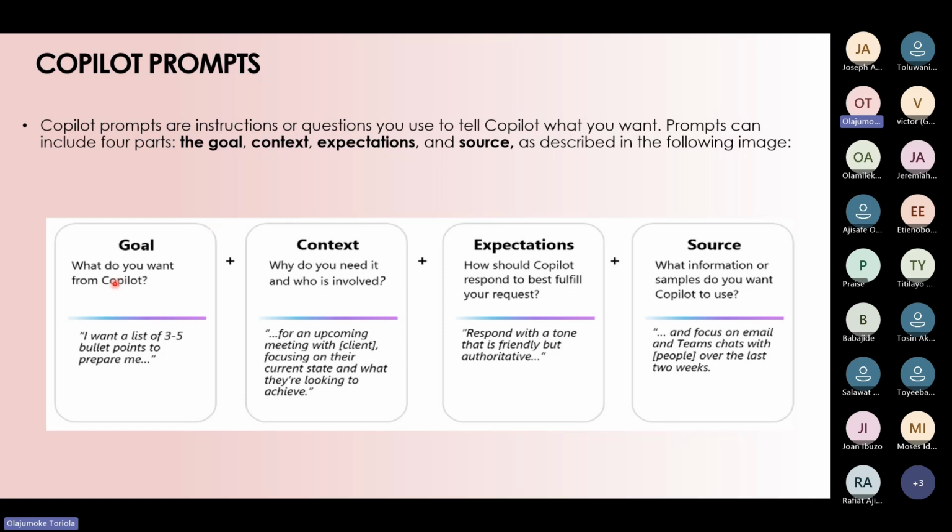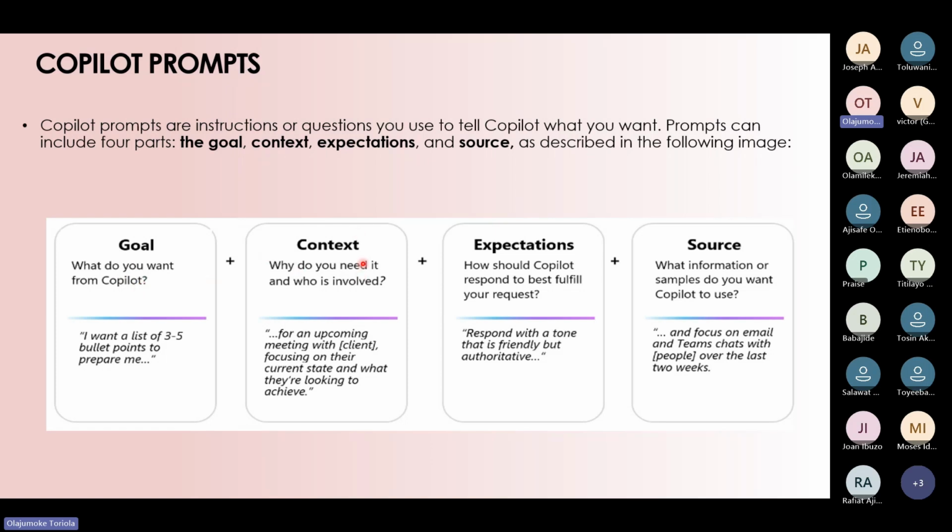Sometimes people tell me that a particular prompt is not giving the right result, or someone got angry and gave up because Copilot didn't give the result he wanted. The most important thing is that you need to learn how Copilot prompts work. They include four parts. One, the goal: what do you want from Copilot?